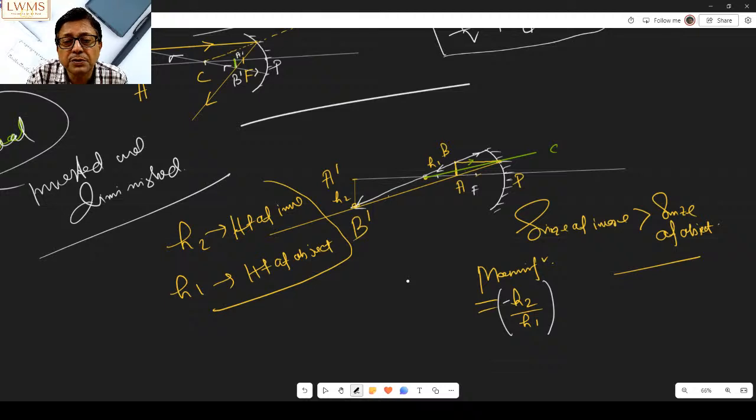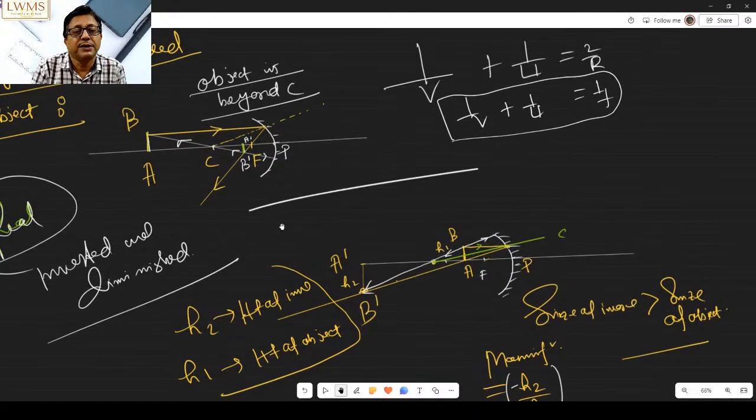Or you do one thing to get similar triangles, like here, see, which one is a similar triangle? A dash CB dash, ABC, they are similar. 90, 90 opposite. Similar means angles are equal. You should keep in your mind.